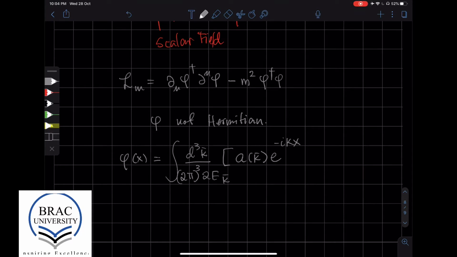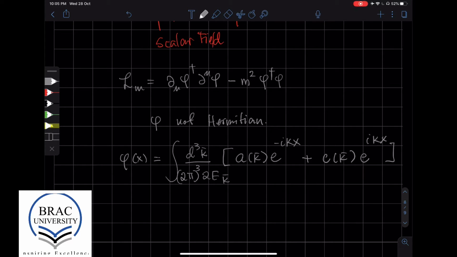These are called the positive frequency modes. And then we'll have some other term, say c of k e to the power i kx.